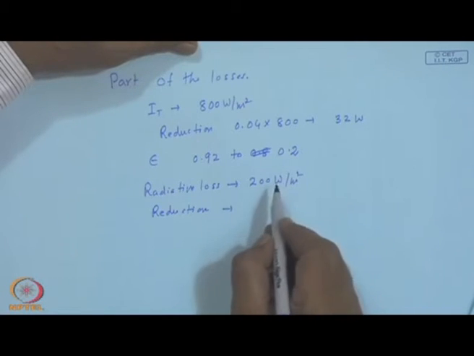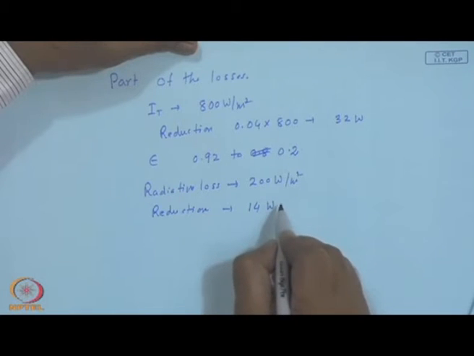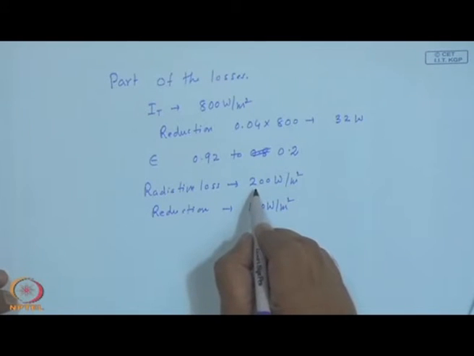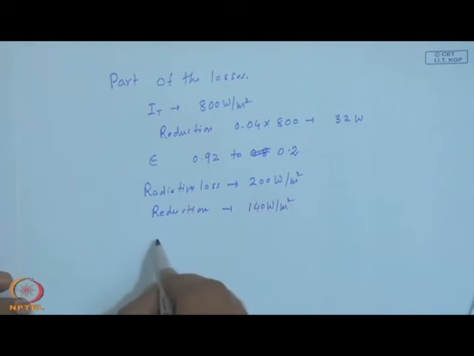If it is a part of that, about 140 watts per meter square, right. This may be if your total losses are 200.